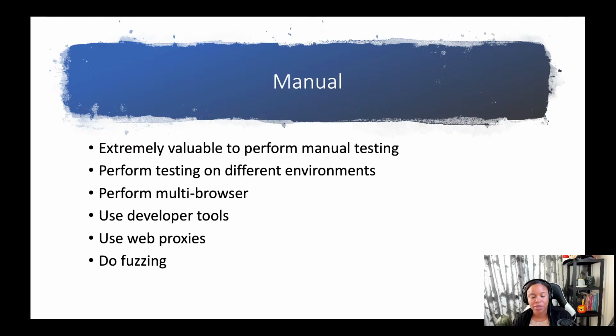And you might have some kind of checklist of items that you're going through, some kind of test scenarios that you want to go through and look for. That can be a great place to start in doing that testing. Also, when you're doing this multi-browser testing, think about using developer tools and really seeing what can be manipulated there.